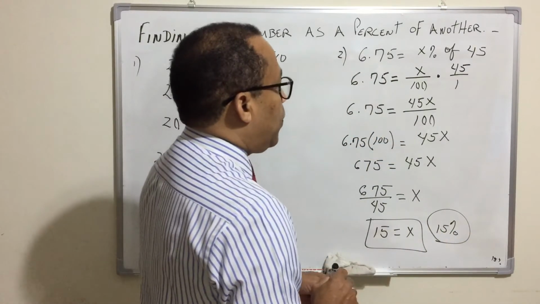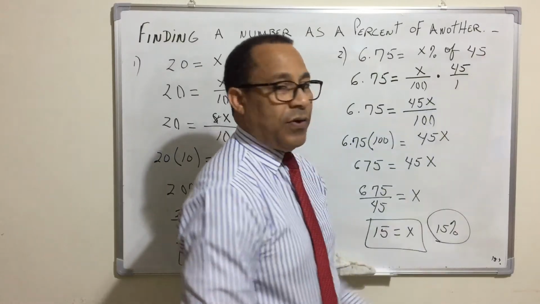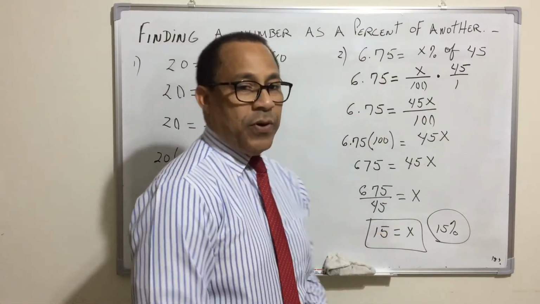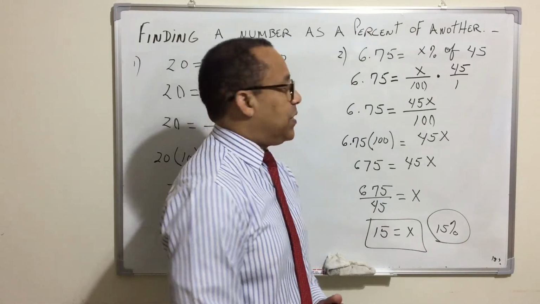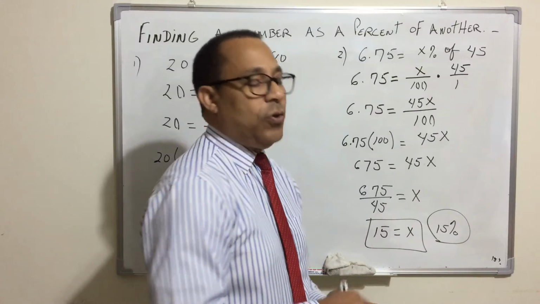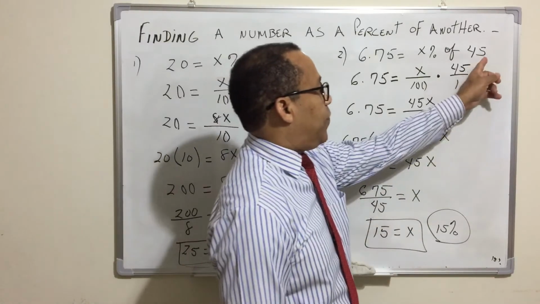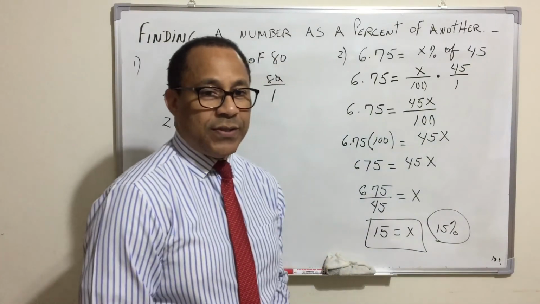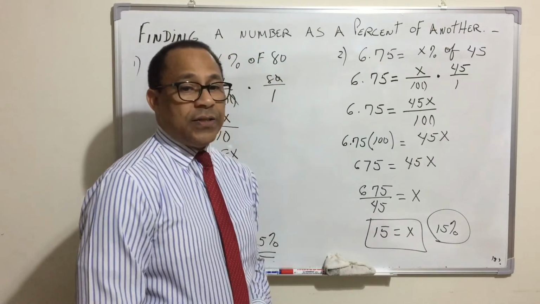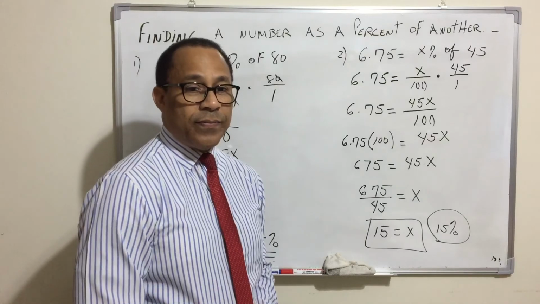So if you are making $45 a week, for example, and you are receiving 6.75 more, it means that you are receiving 15% over your base salary of $45. And this is the way you find a number as a percent of another.